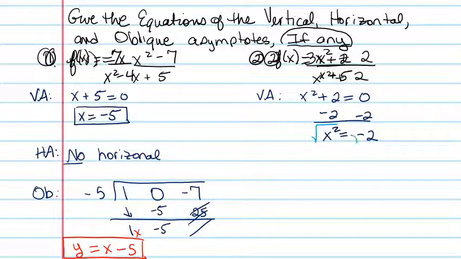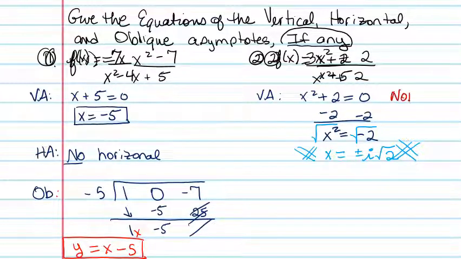Square root both sides, and I get x is equal to positive and negative i square root of 2. Well, this is imaginary. This is a complex number that we're not going to graph. So there are no vertical asymptotes. There are none because we got an i when we solved it.